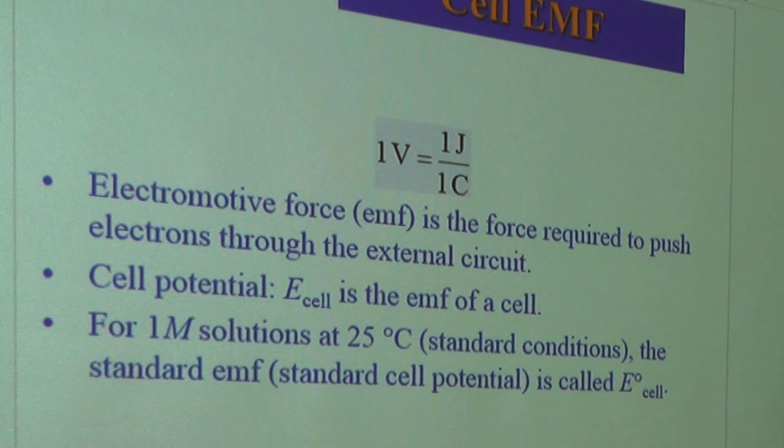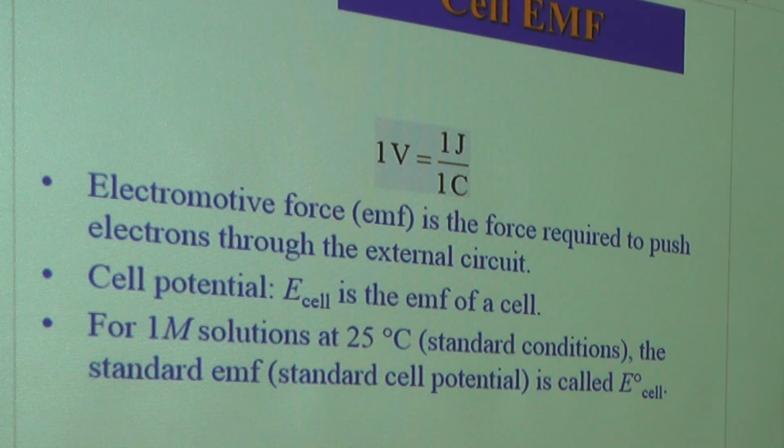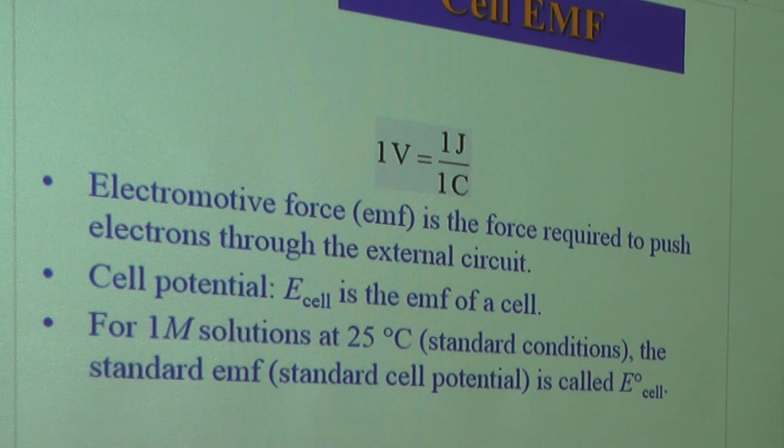Now, in order for us to do calculations with this, we also need a standard. And the standard for reduction potential is called SHE, S-H-E. Of course, girls are the source of all trouble, including this one.